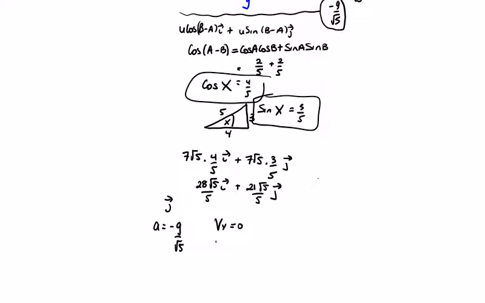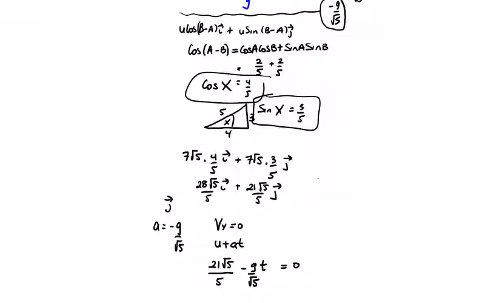So v is equal to u plus at. So 21 root 5 over 5 minus g over root 5 times the time. So we need the time, and hopefully it will be in the ratio that we're looking for.